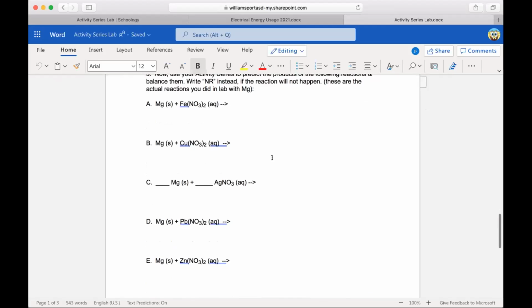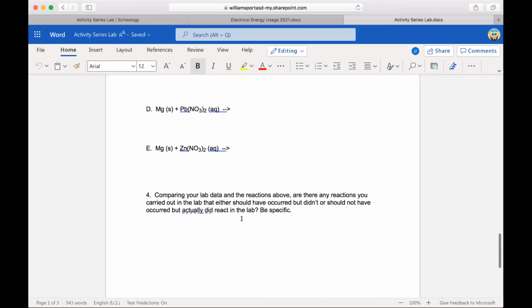All of these reactions are magnesium with the different substances used in the lab, and you predict the products. If, let's say, magnesium is not above lead, then you would expect no reaction, and that should be the same thing as what you observe in the lab itself.